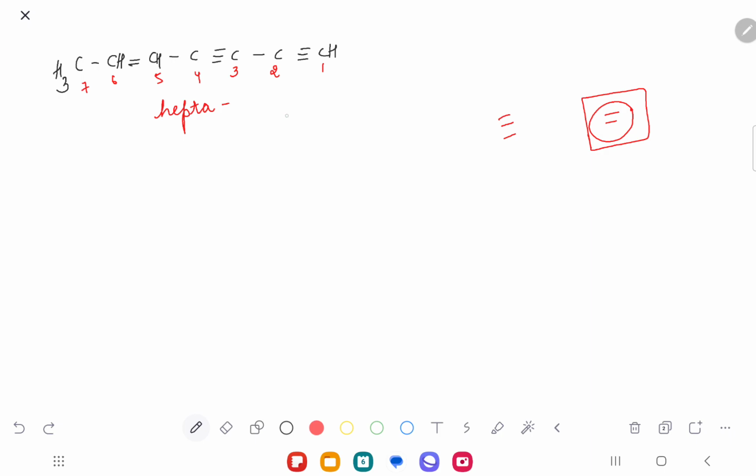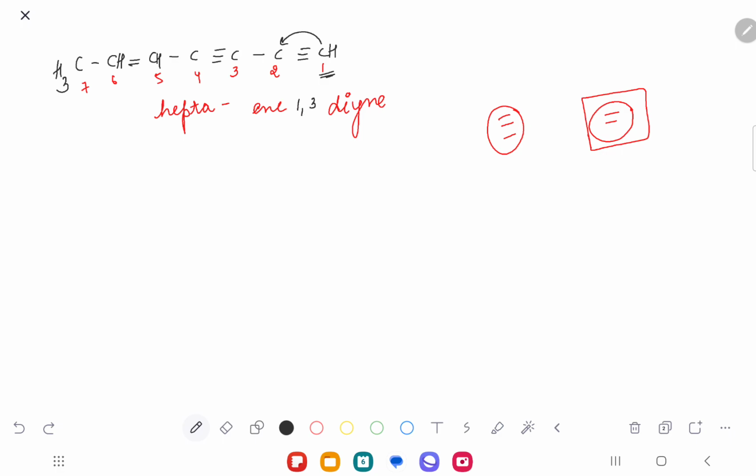So I would say ine is happening two times, so diine. And there is an ene as well. When there is an ene and ine, I have to tell the positions also. So diine: ine 1 starts at carbon 1, ends at carbon 2, and the other starts at carbon 3. So 1 comma 3.